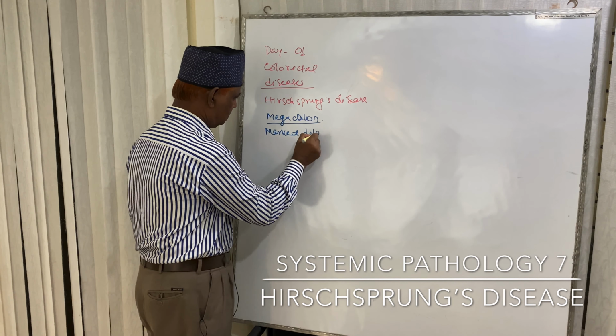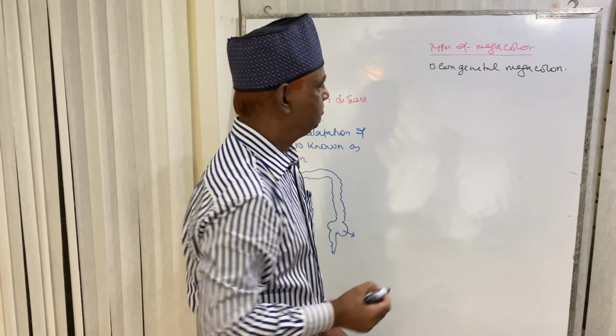Now come to types of megacolon. Megacolon may be congenital or acquired. An example of congenital megacolon is Hirschsprung disease.